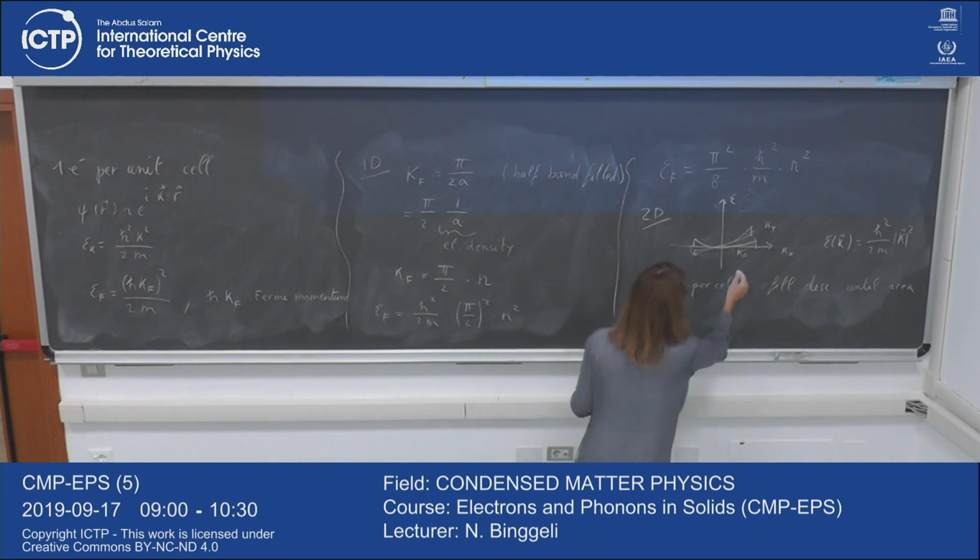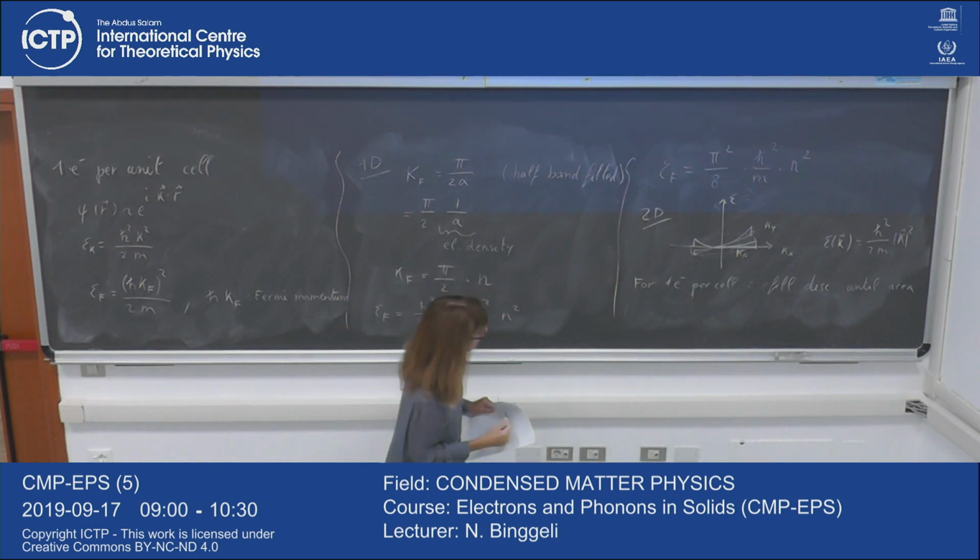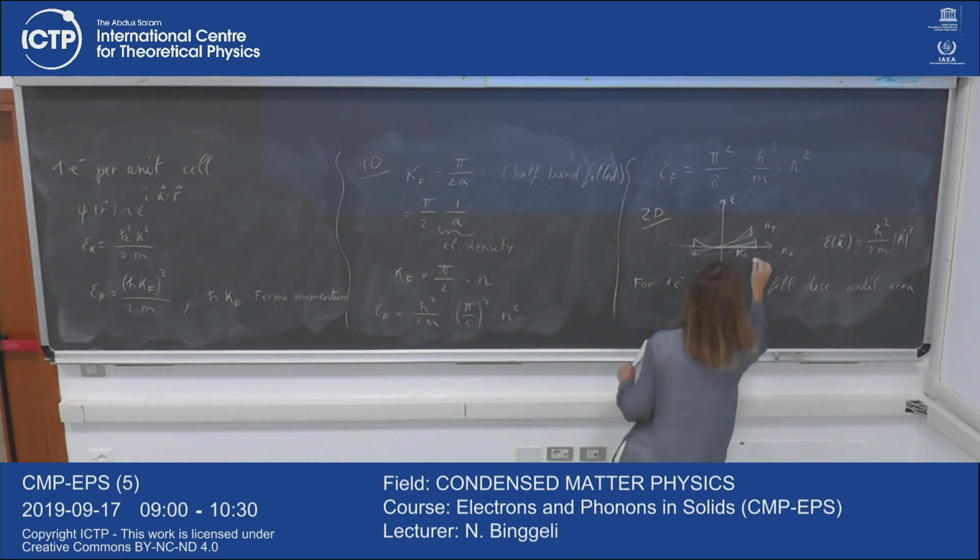So in this case, this is k_F, the radius of my circle.